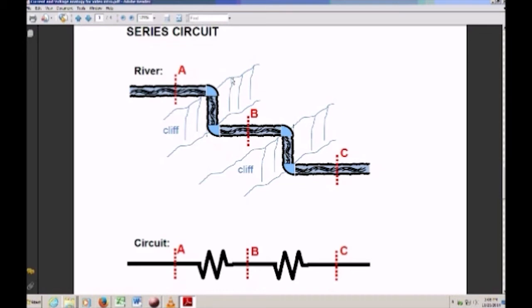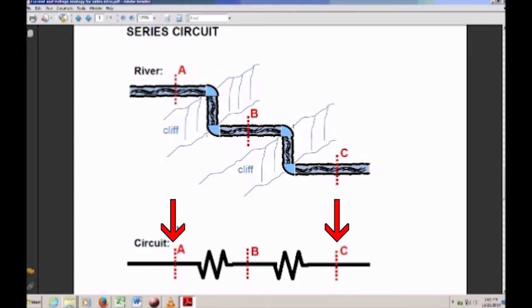Now let's talk about voltage a little bit. The gravitational potential energy of this river, the total decrease, is just going to be mgh, and what's h going to be? It's going to be the height of this cliff plus this cliff, the total altitude change. Likewise, in a circuit, you're going to have a drop in potential energy here, another drop in potential energy here.